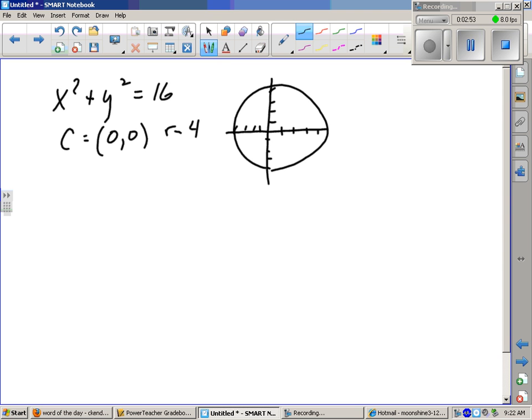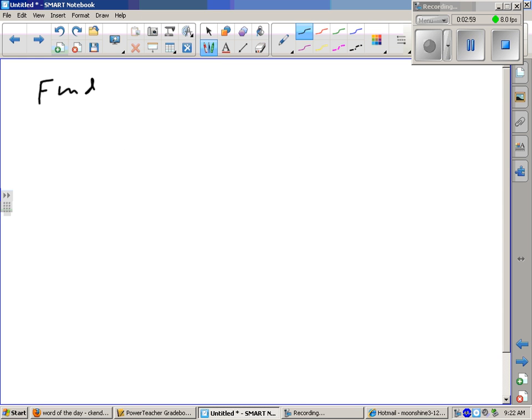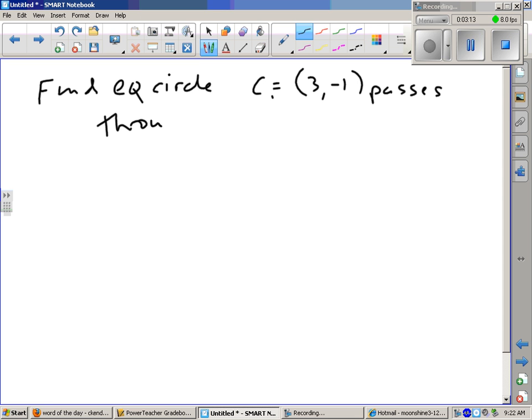All right, let's look at a different type of problem. Let's say I want to find the equation of a circle. It has a center of (3, negative 1), and it passes through the point (negative 2, 2).